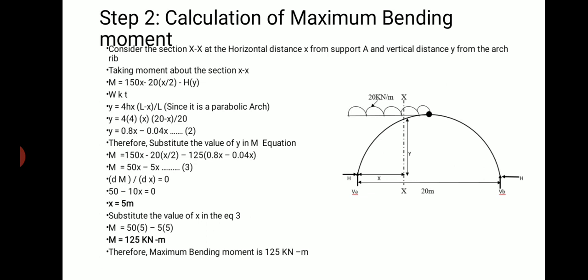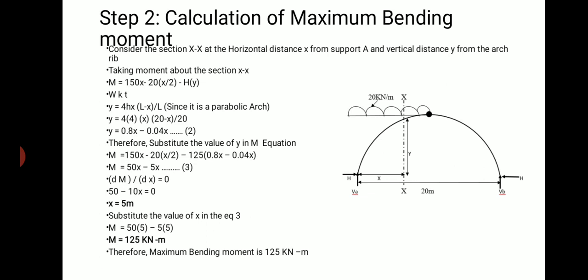So Mxx, the moment about xx from support A, considering the clockwise moment as positive and anti-clockwise moment as negative, I have got the expression as Mxx equal to VA into x minus H into y minus 20 into x square divided by 2.